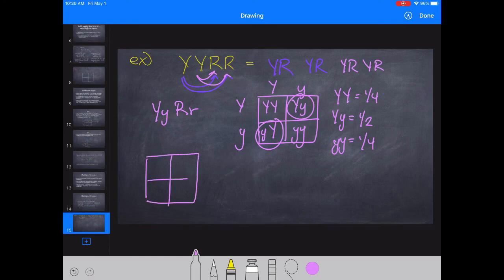Now let's do the same for the R's. I'm going to do it over here. I'm going to split the R's, and I'm going to say big R, little r, big R, little r, and then I'm going to cross them.